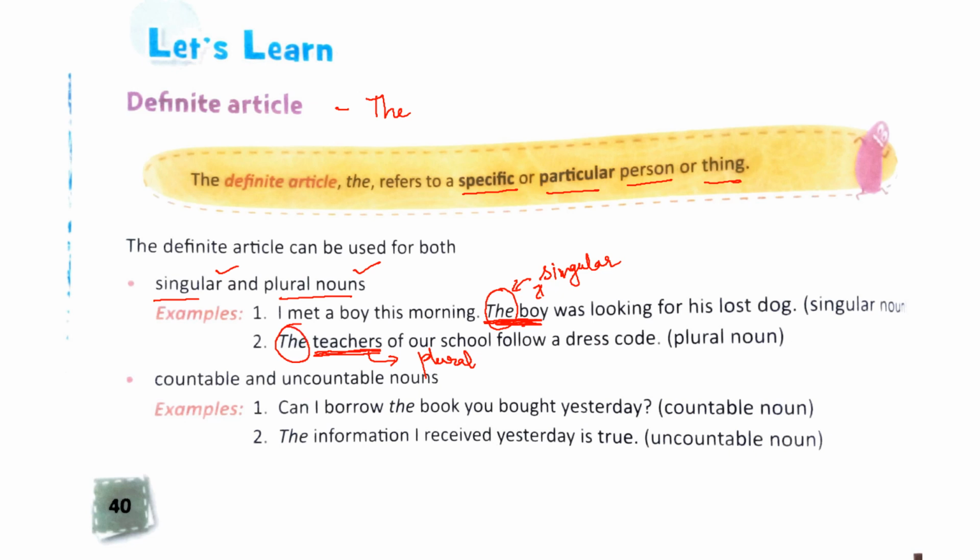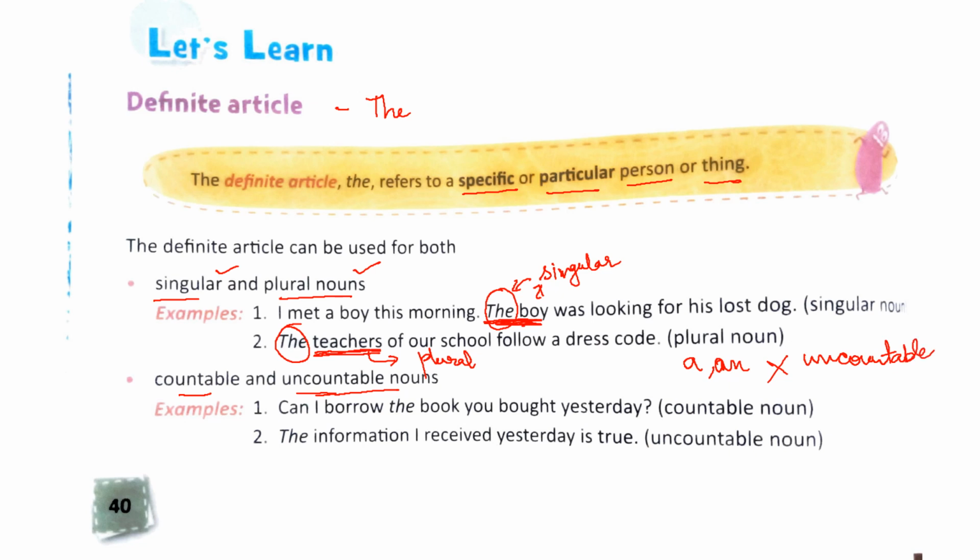Now the second point is you can use the definite article the with both countable as well as uncountable nouns. In the previous one with a and an, we saw that we cannot use a and an with uncountable nouns. They are only used with countable nouns.